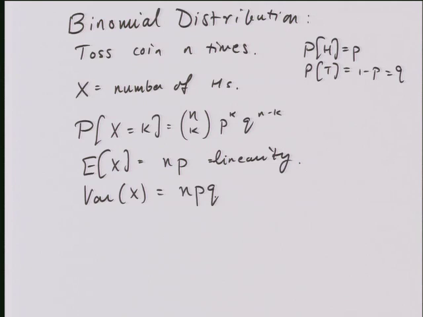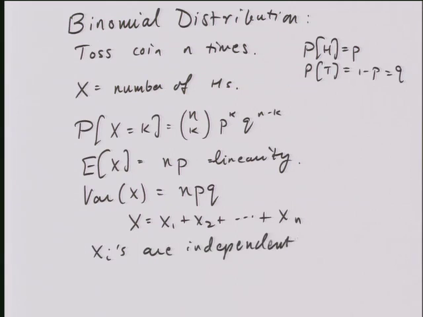And this was because x was equal to x1 plus x2 plus so on up to x sub n. And the x sub i's are independent random variables. Right? Remember what it meant to say that the x's are independent random variables?